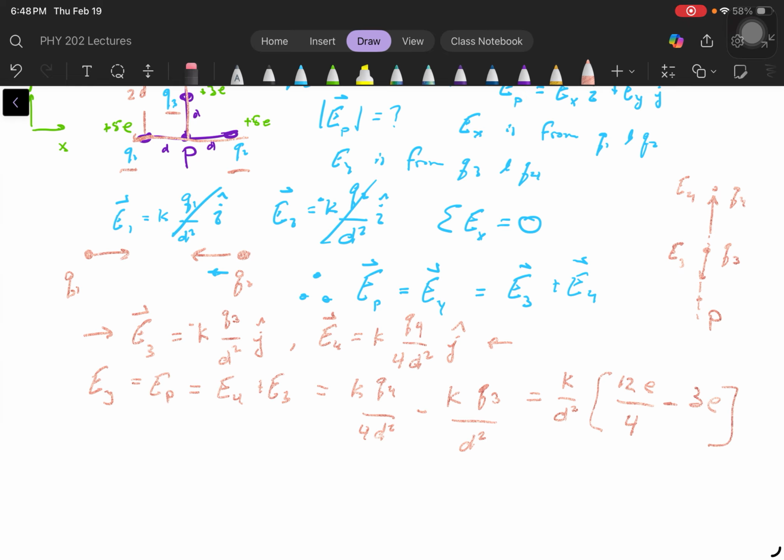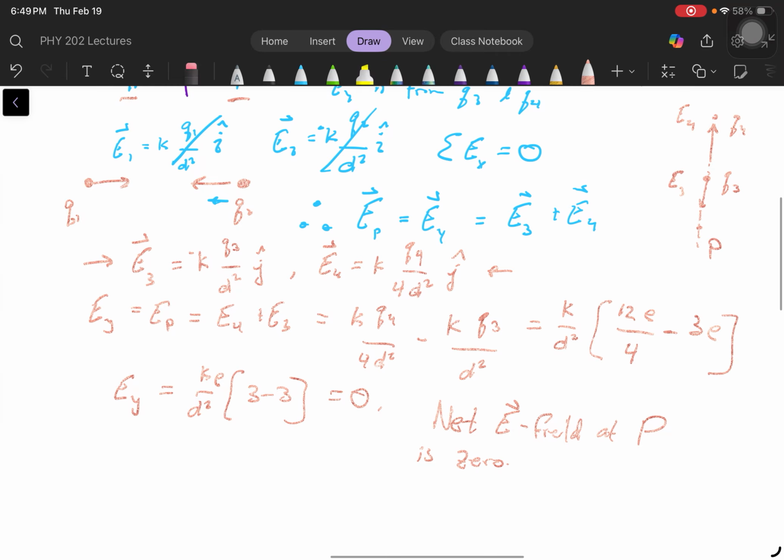And so we get E sub y is equal to K over D squared e times 3 minus 3 is equal to 0. And so we get net E field at P is 0. Or if we want to be very specific, E sub P magnitude. Okay, and there you go.